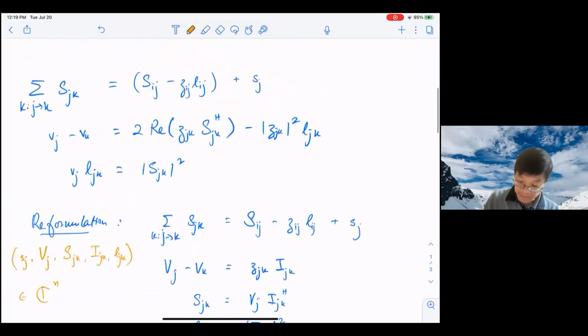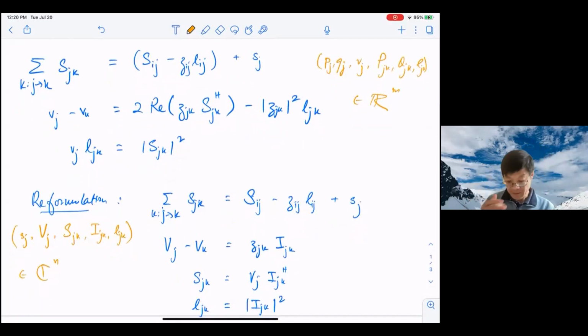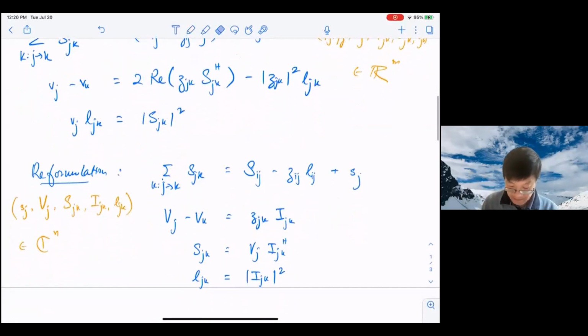Whereas in the branch flow model, these are Pj, Qj, the injections, vj the magnitude squared of the voltage, and Pjk, Qjk, and Ljk. So these are real variables. Different sets of variables satisfy different equations, but it's easy to show these two are equivalent in that sense.